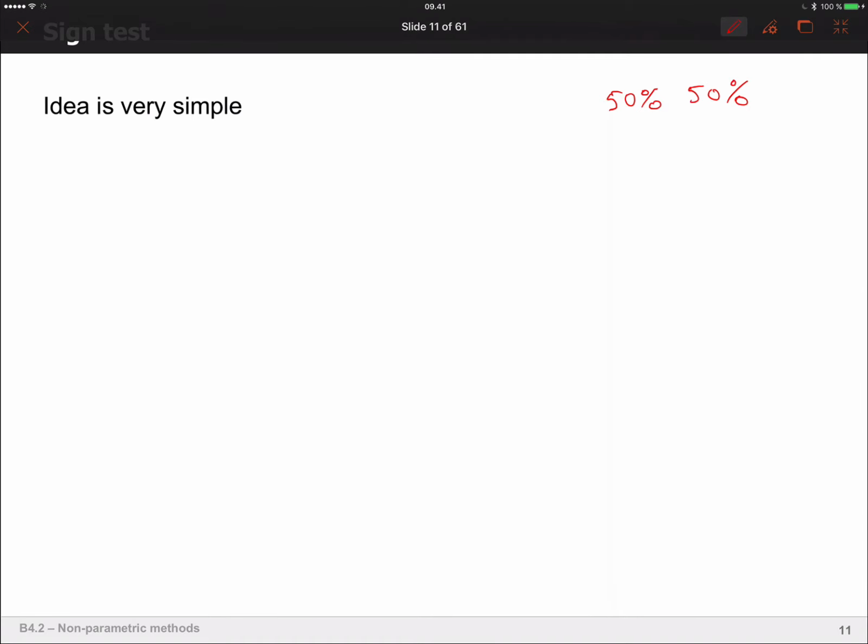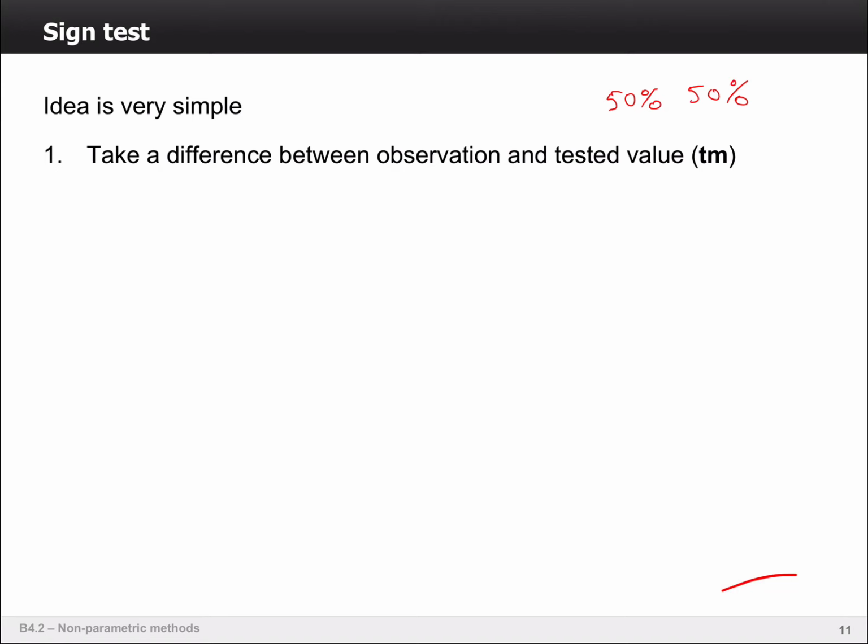But a sample is not the population, so you will always have by chance a little bit smaller values or a little bit larger values, right? So can we use this knowledge to make a test? Yeah, we can. We just need to find out how many values in our sample are below the median, how many values in our sample are above the median, and then use some distribution that describes the behavior of this.